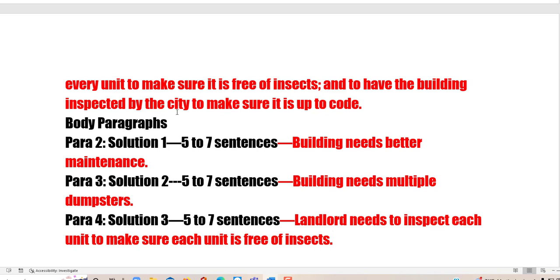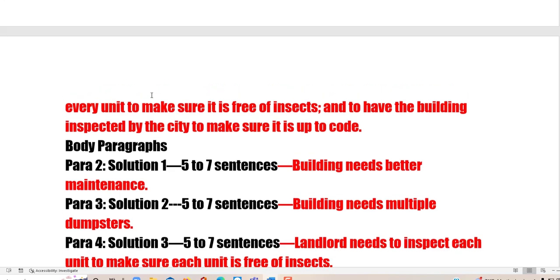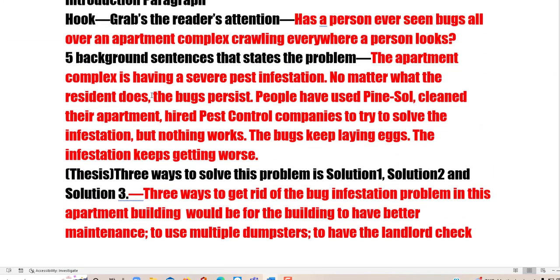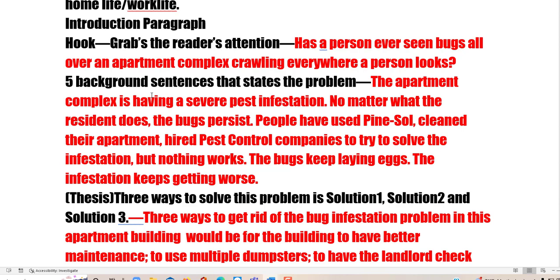So these become the 3 solutions. So here is how your essay would look.